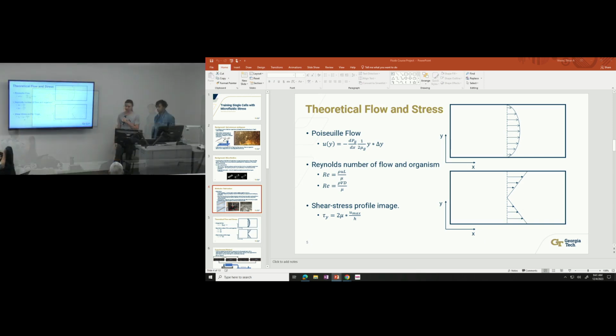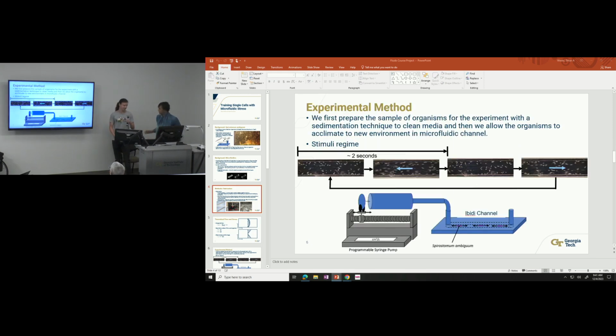I originally did calculations removing time dependency, but Cedric's going to show that the cells actually respond better to changing flow, and that removes all the equations I did and makes this much more complicated, especially because the cells take up about 70% of the channel thickness in the end result, which drastically changes the shear stress profiles.